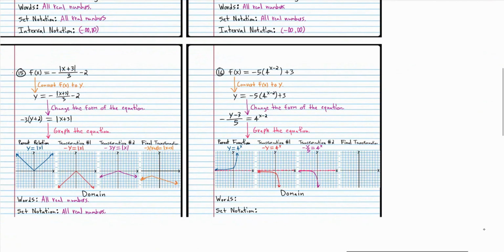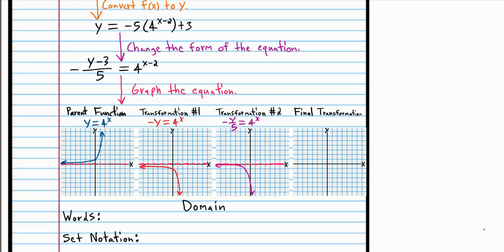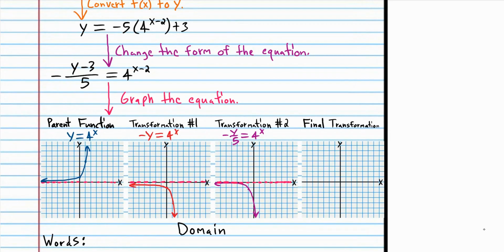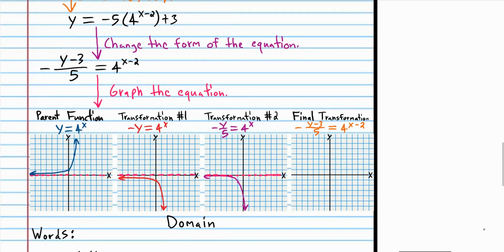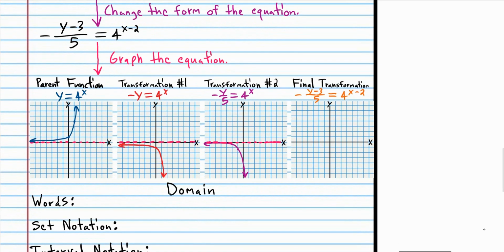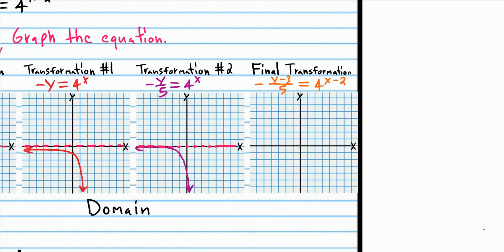Okay, so now we're going to translate. We're going to replace y with y minus 3, and x with x minus 2. That moves the graph 2 units to the right and 3 units up.